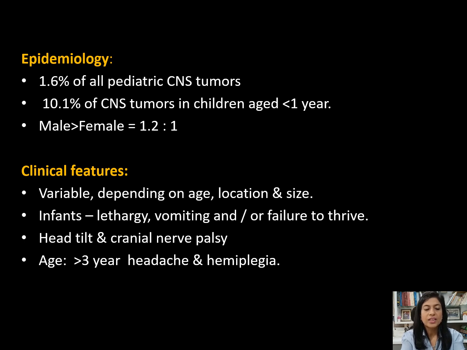Infants present with lethargy, vomiting, and/or failure to thrive. Head tilt and cranial nerve palsy, mostly of the 6th and the 7th nerve paresis, is noted. Children more than 3 years of age complain of headache and hemiplegia.